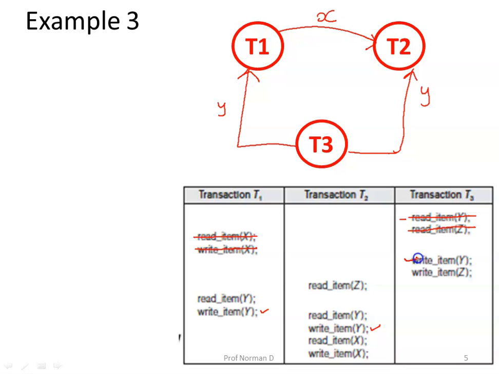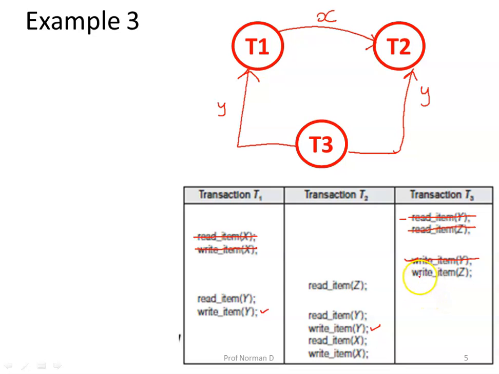So from T3 to T1 on Y is already there. From T3 to T2 on Y is also done. So this is also done.